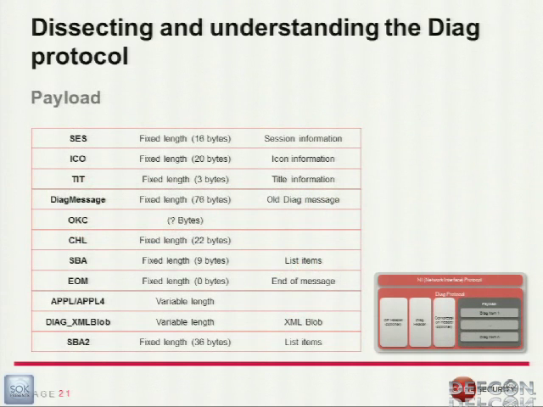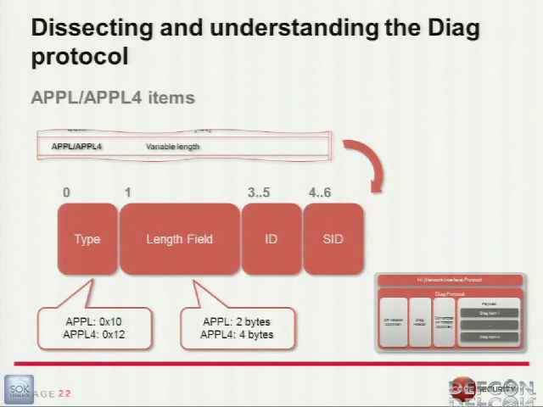The payload itself, which is the most important part of every packet, is composed of a variable number of items. During my test, I identified these 11 different items. Some of them carry information about the screen, about the connection, XML streams, etc. We will be focusing on one of these items, which is the APPL or APPL4 item, which carries the most relevant information.